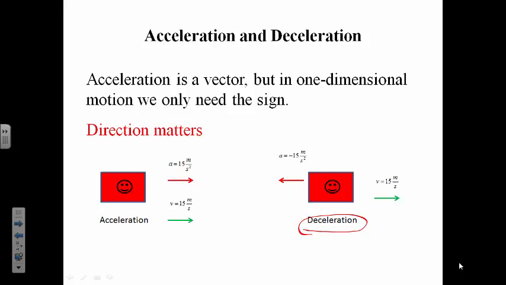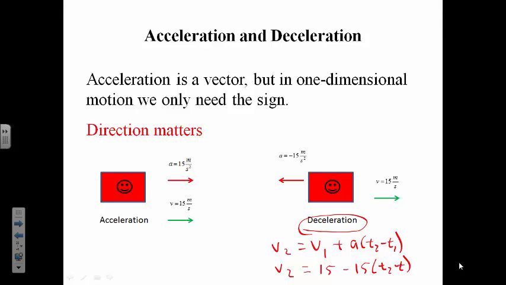And that's because we said already that V2 equals V1 plus A times T2 minus T1. So if you started off at 15, your new speed is going to be V2 equals 15 minus 15 times T2 minus T1.